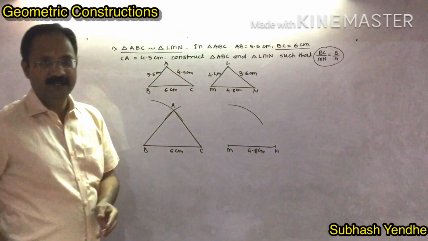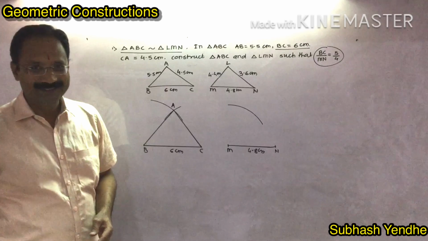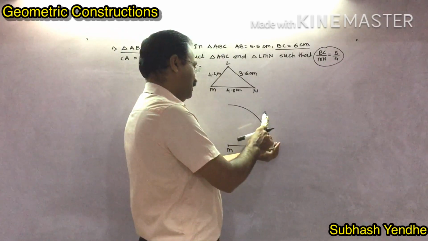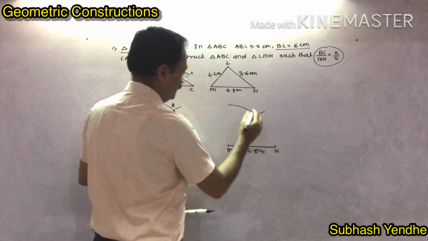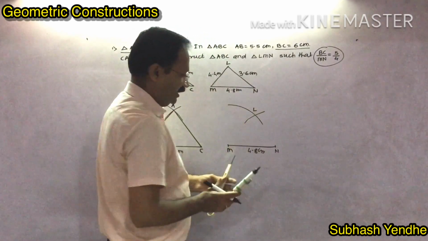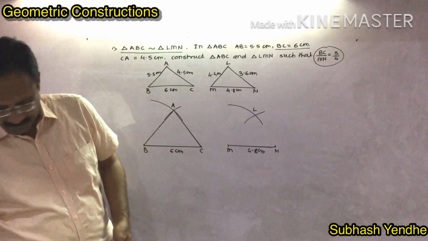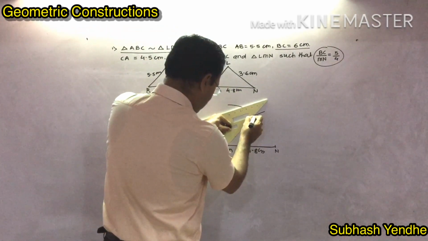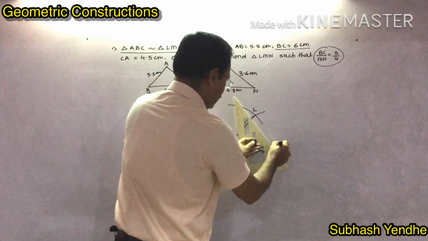Now you have to take 3.6 centimeter distance. Yes, I have taken the 3.6 centimeter distance here and make the arc. So this point is L. Now let's join these two, and you'll get triangle LMN.